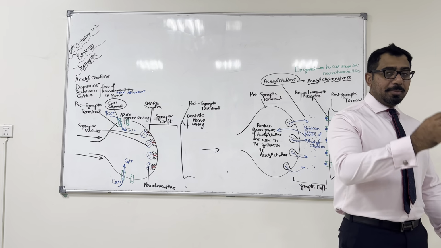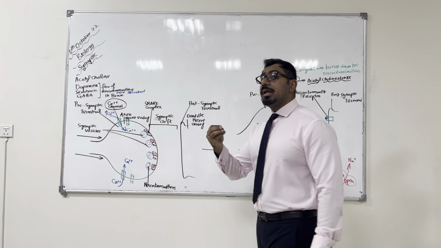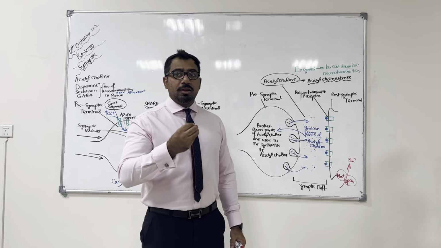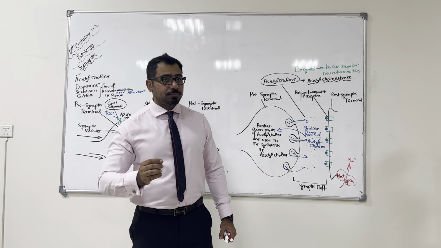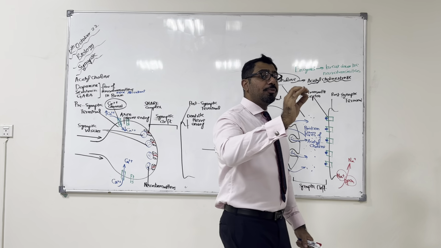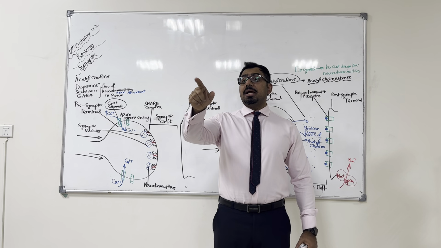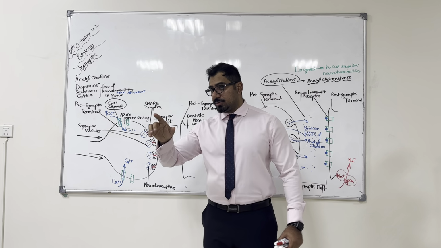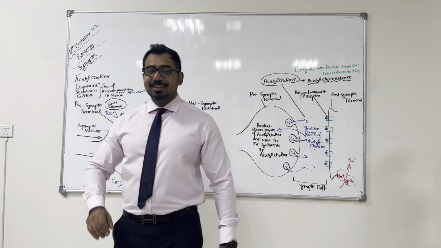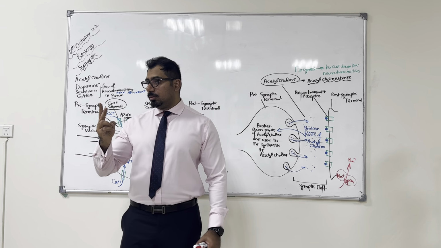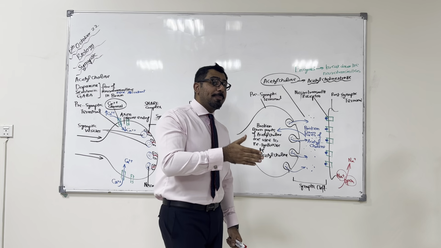What happens? Remember, there is a thing called aging. I taught you that the number of nerve cells in your body increases only up till the age of 2. After the age of 2, aging starts.